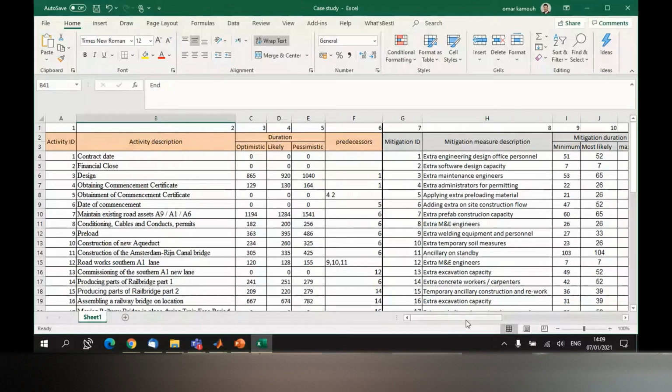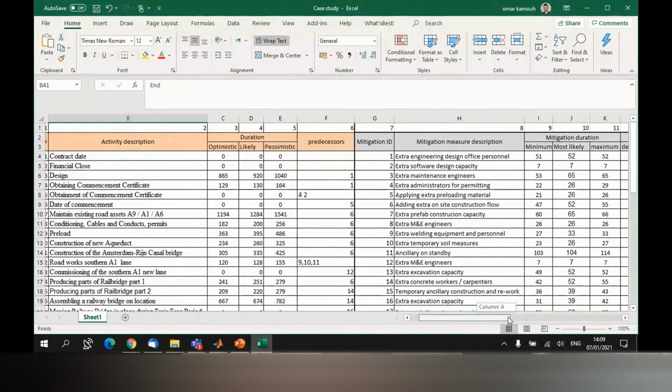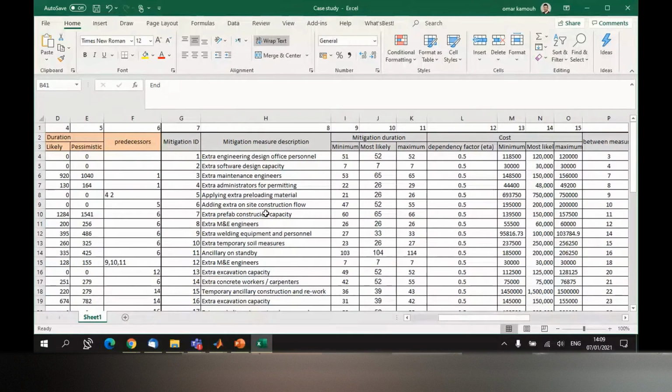So we are done with the activities. Now we have to define the mitigation measures that are available to us in order to reduce the durations of activities. Because the problem here is that our project is delayed and we have to provide some mitigation measures to apply and reduce the duration of our project. So you have to have a list of the different mitigation measures available.